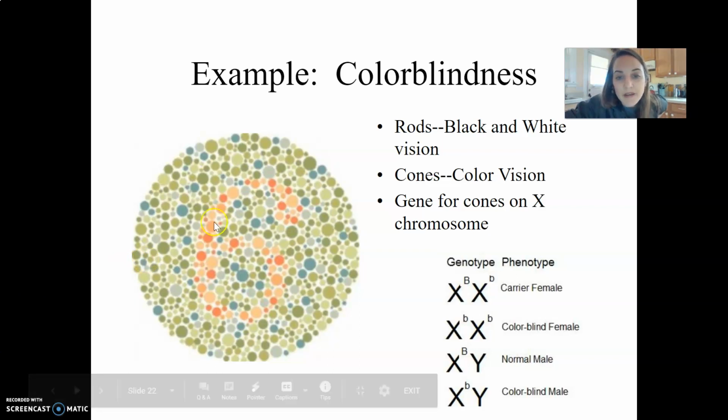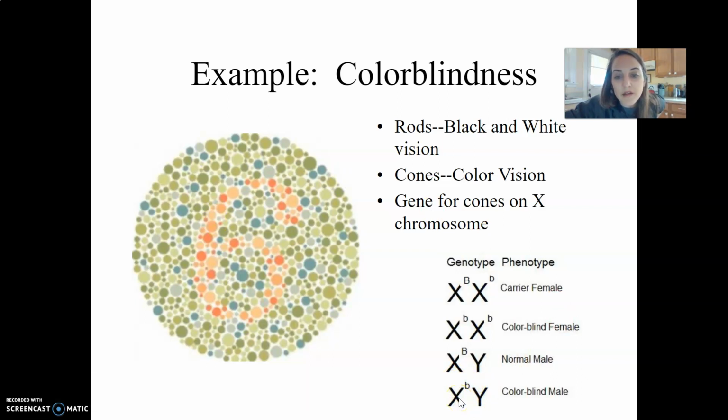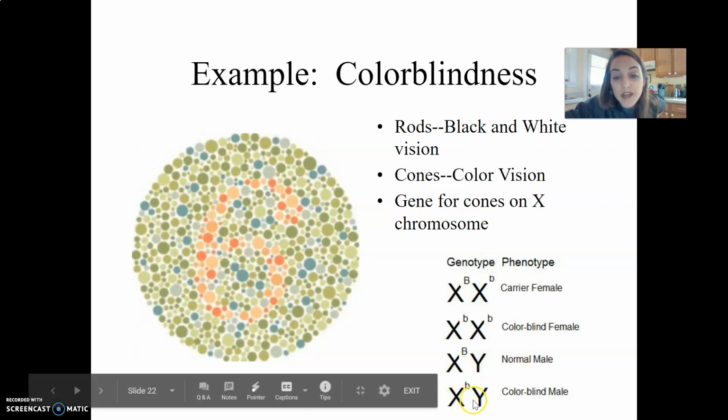The reason for that is because they only need one recessive allele for color blindness to express the colorblind trait. And that's because they don't have a second X chromosome. They only have a Y. For females to be colorblind, just like other traits, they have to have both recessive alleles. So it's less likely for that to happen where they would get a recessive allele from both of their parents.